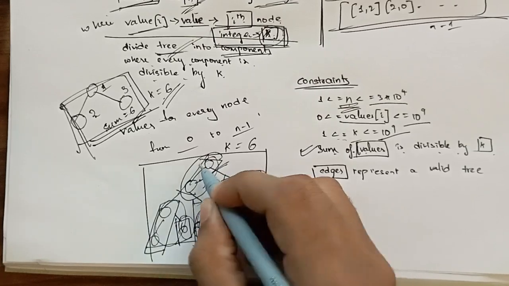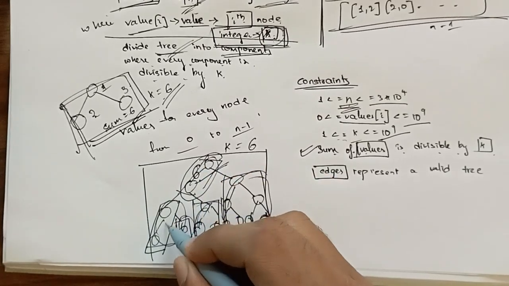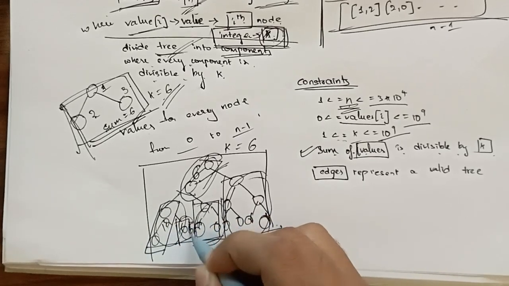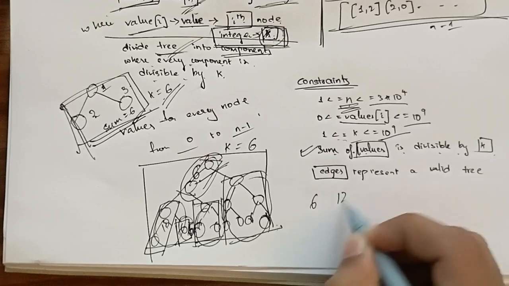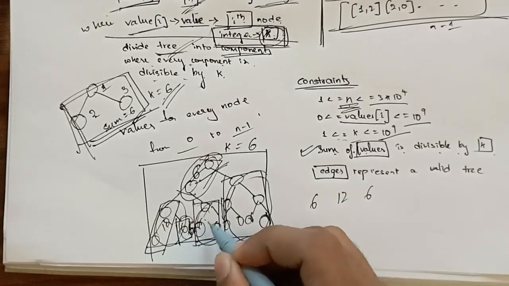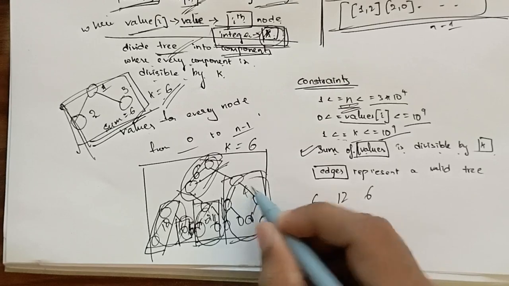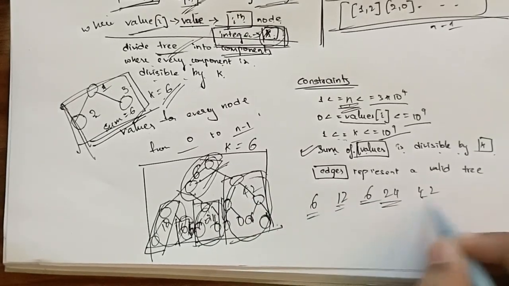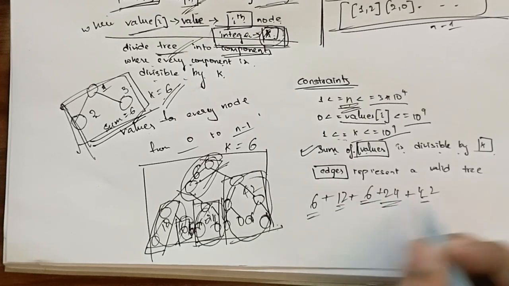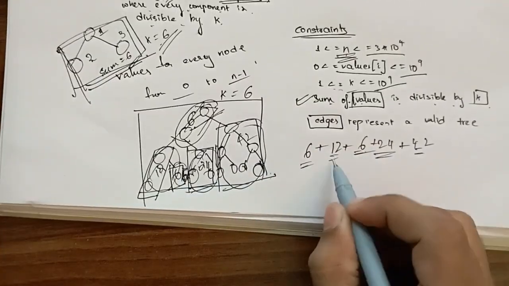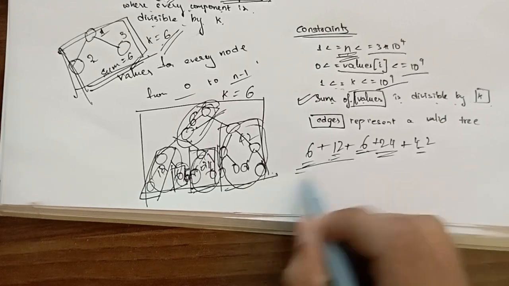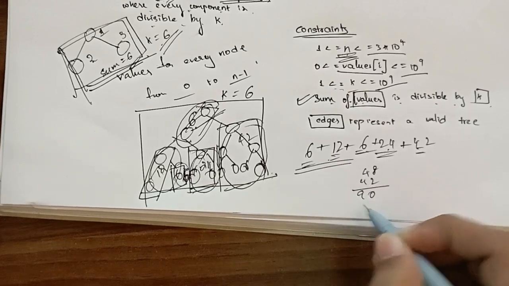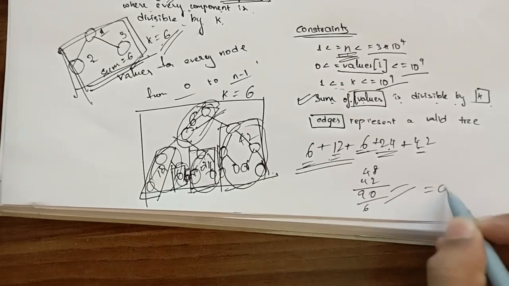Let us imagine the sum as 6, and here it is 12. Here it is only one node, it is 6. We have 6 and 12 and 6 here, and another 24 here, and 42 here. Let us take it like this, and if you add all these elements, 6 fours are 24, plus 24 is 48, plus 42 is 90, which is also divisible by k.